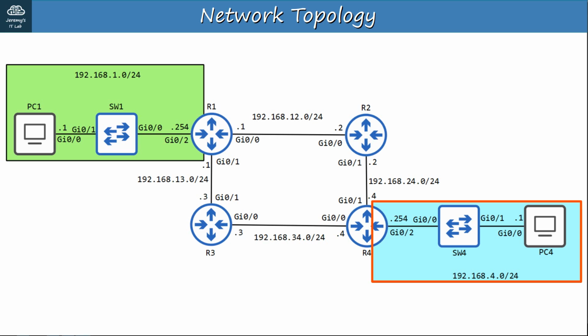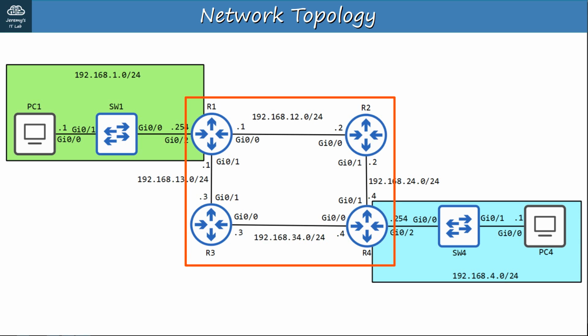There is also this LAN connected to R4, the 192.168.4.0/24 network. PC4 has an IP address of 192.168.4.1, and R4 has an IP address of 192.168.4.254 on its G0/2 interface.